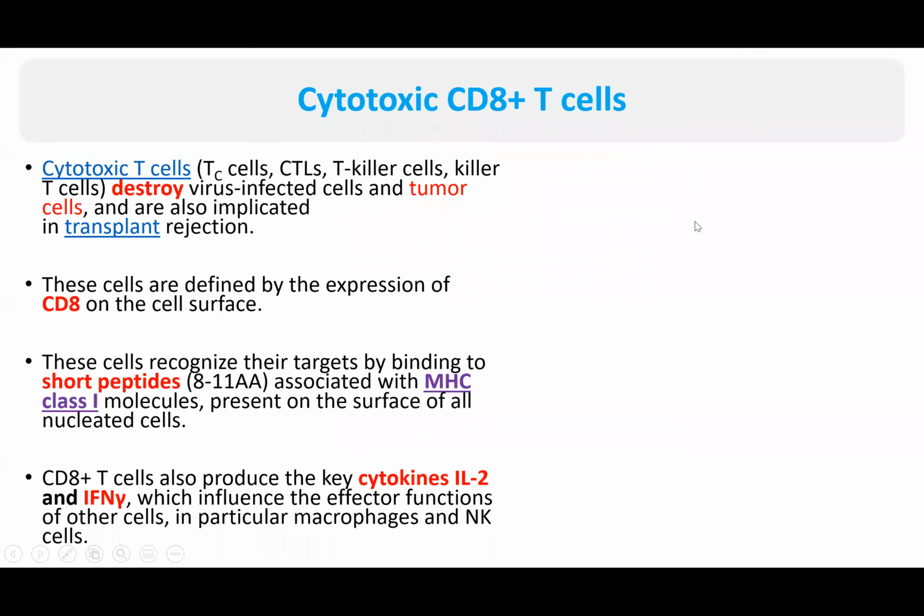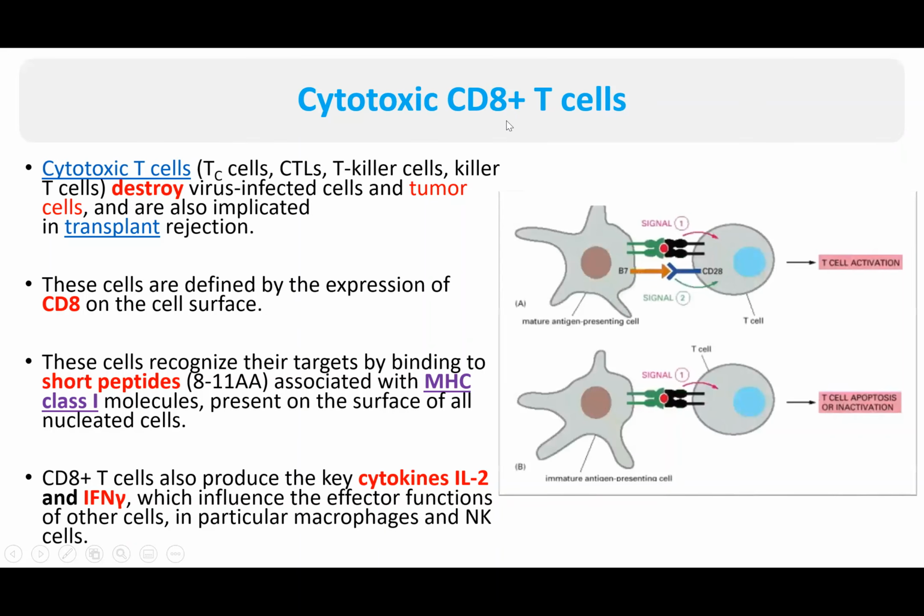On the other side, we have the cytotoxic CD8 positive T cell. This is our main player to attack cancer cells. Not only cancer, it also destroys virus-infected cells, but here we talk mainly about cancer cells. So all cytotoxic CD8 positive T cells express the CD8 antigen on their surface.